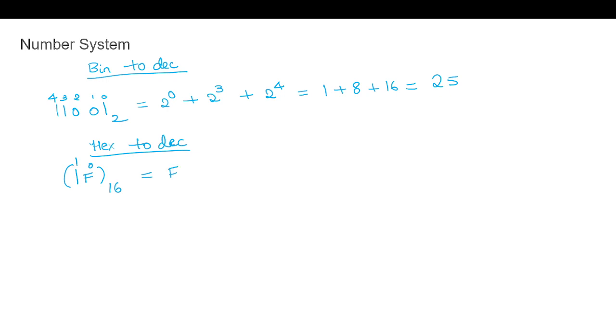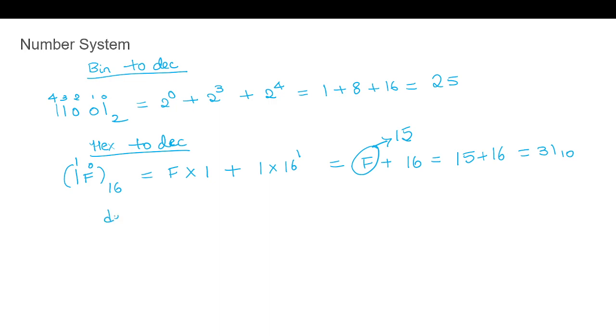So F times 16 to the power 0, which is 1, plus 1 times 16 to the power 1. So it is F plus 16, which is 15 plus 16, and this is 31 in decimal. Similarly, to convert octal to decimal, you multiply each place value. This is the procedure for converting from any number system to decimal.